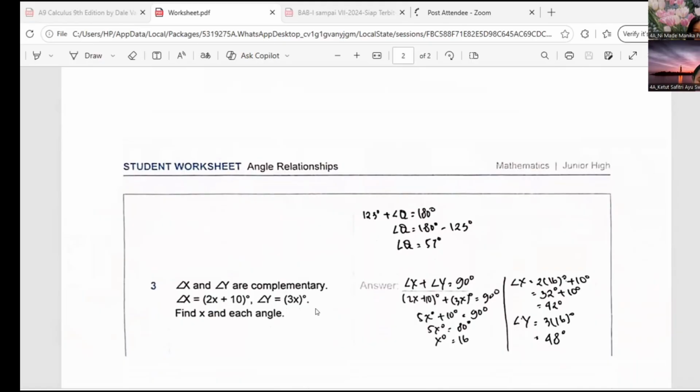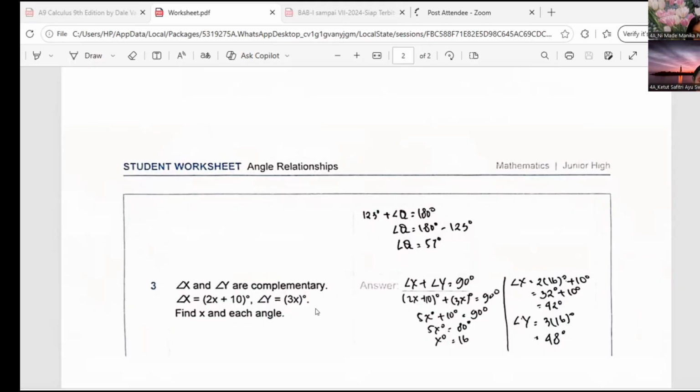For the third question, because angle X and Y are complementary angles, they add up to 90 degrees. We can set up the equation 2x plus 10 plus 3x equals 90.